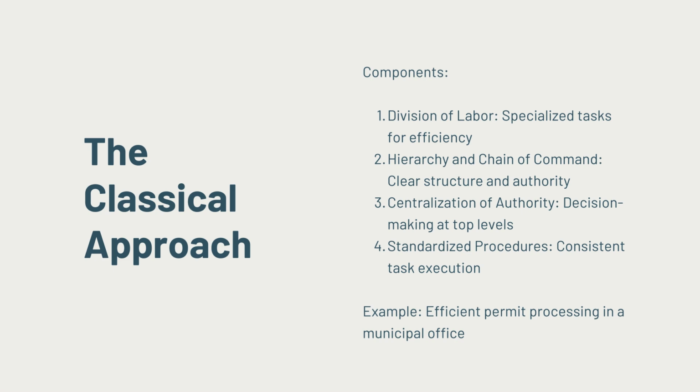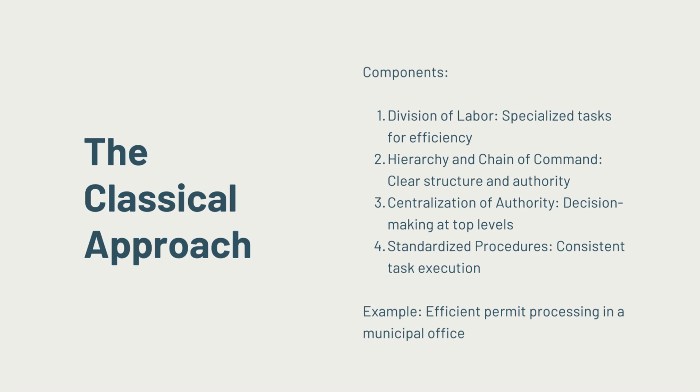Example, the chain of command might start with the department head, followed by division managers, and then supervisors who oversee the work of the frontline employees. And this structure helps maintain order and clarity in decision making.